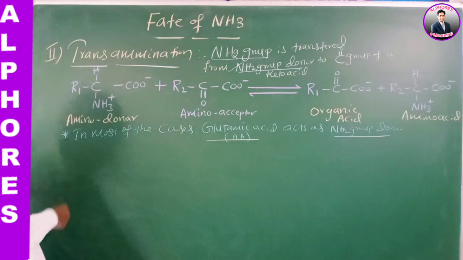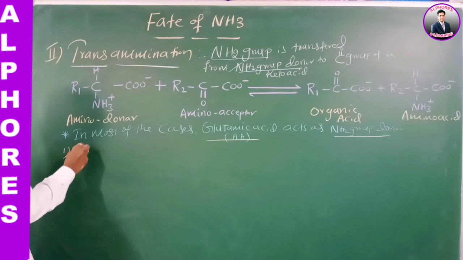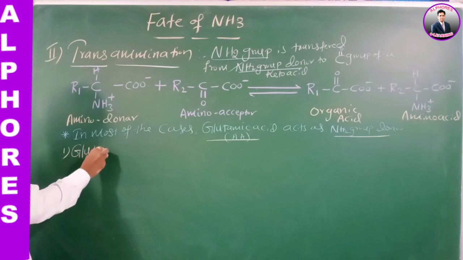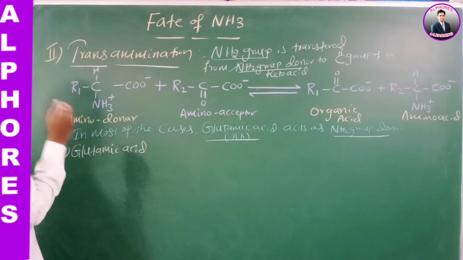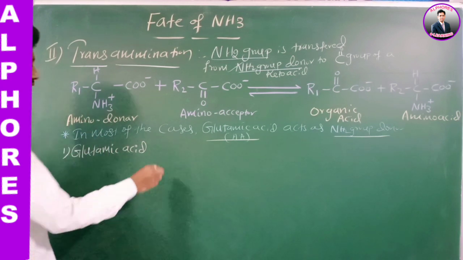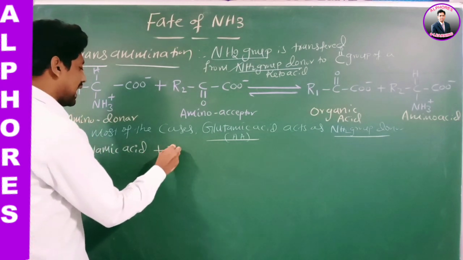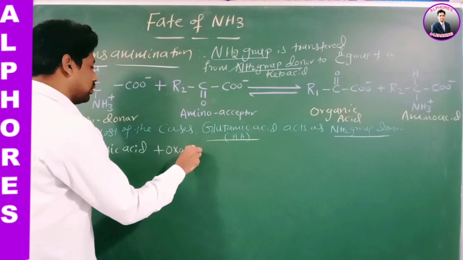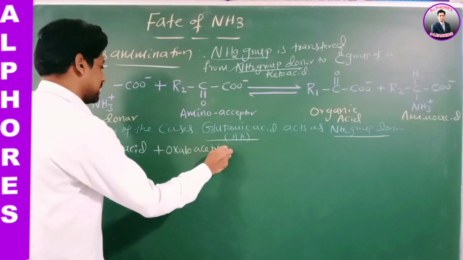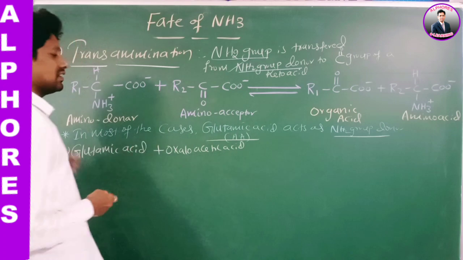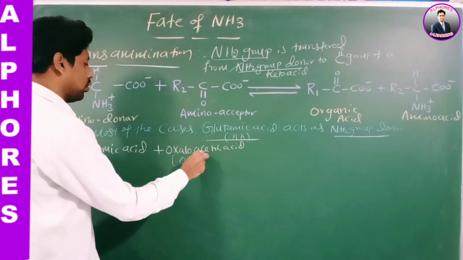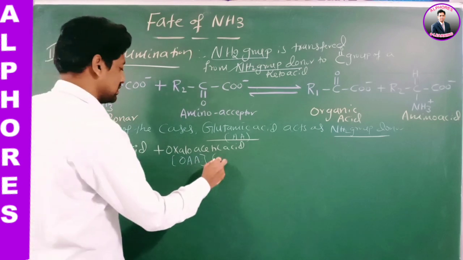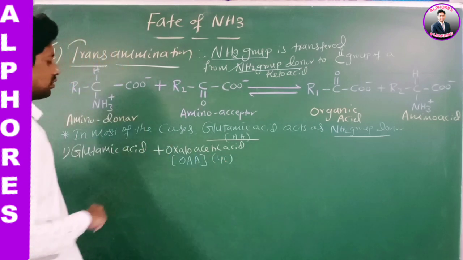Here I am writing two examples. First one: glutamic acid, this is the amino group donor. It is reacting with oxaloacetic acid. In short, we are going to call it OAA, oxaloacetic acid. It has 4 carbons.